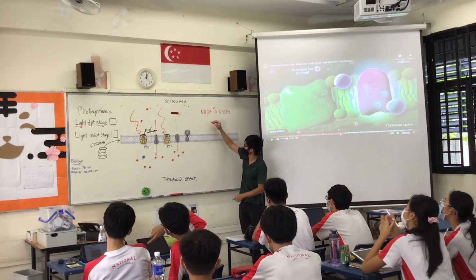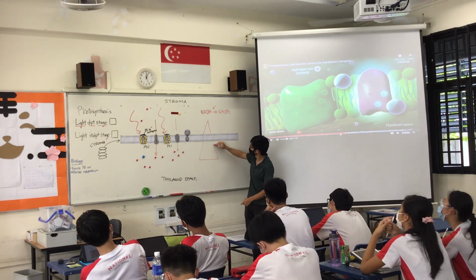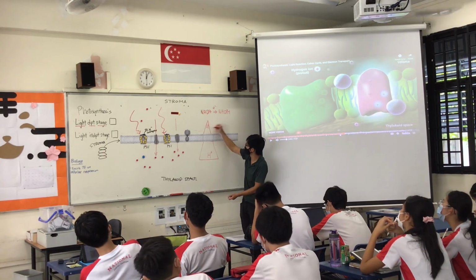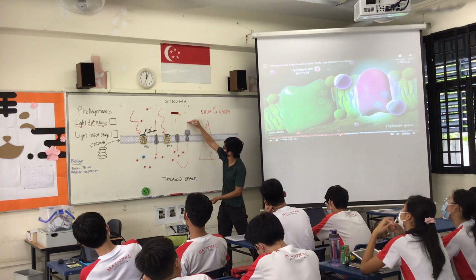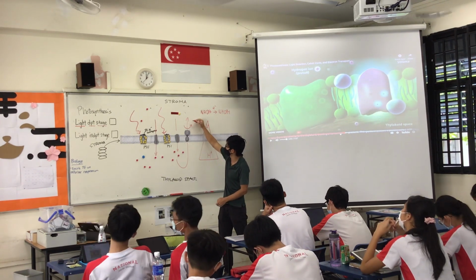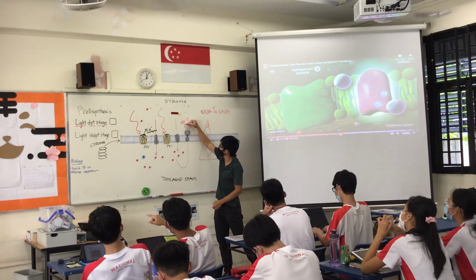And as a result, we end up setting up what we call a proton gradient. Very high on the inside, very low on the outside. And that means all the protons will want to flow out of ATP synthase. And as a result, we will produce the usual stuff: ATP from ADP and phosphate.